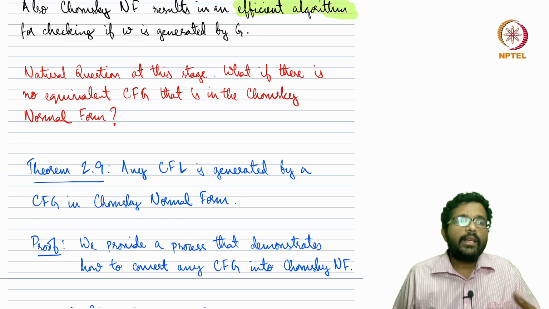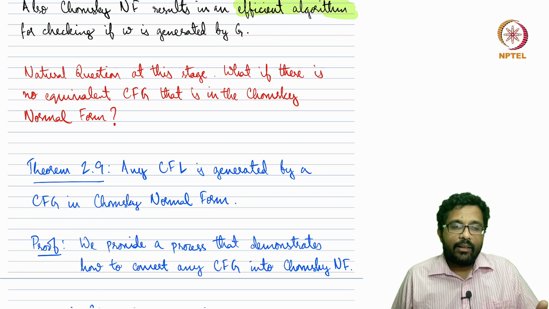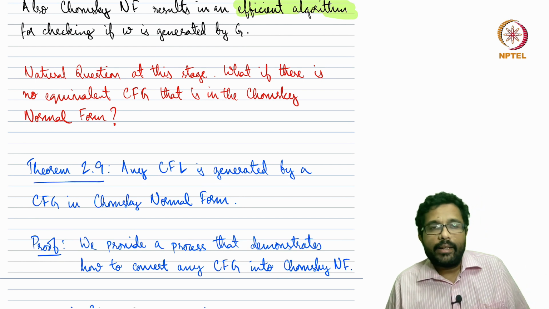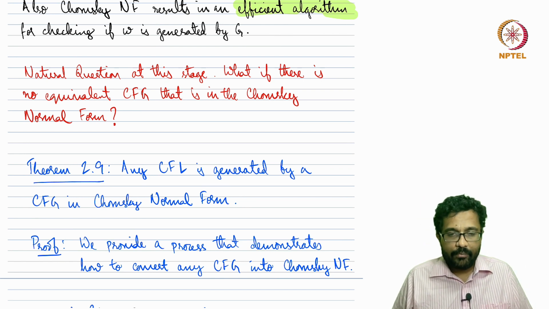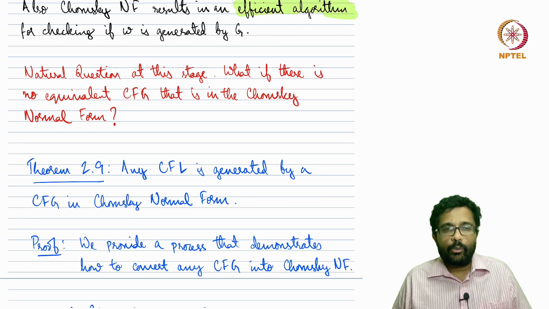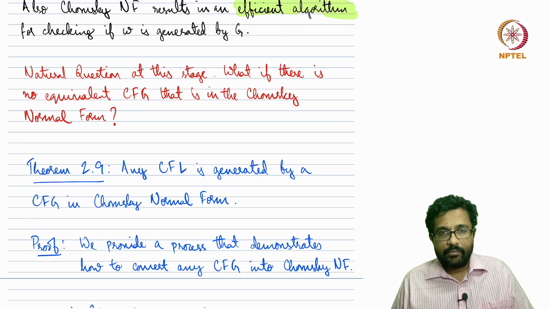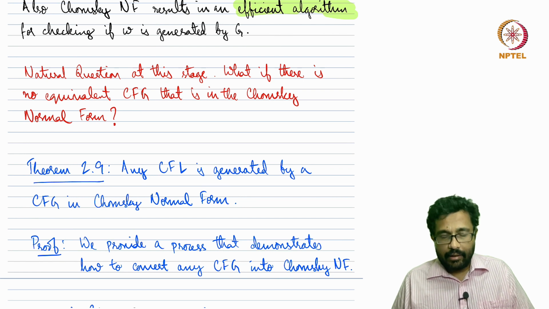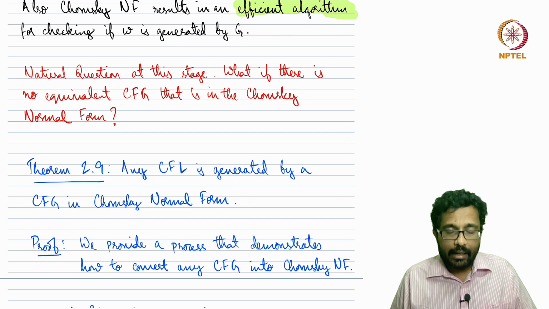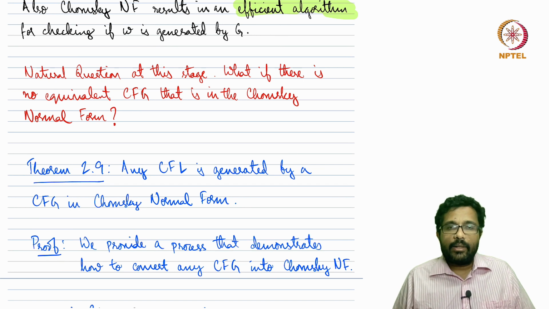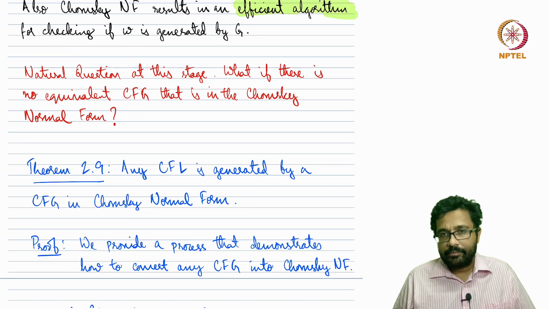You give me any context-free grammar, I can convert it into a grammar in the Chomsky normal form. Any context-free language is generated by a grammar in the Chomsky normal form.